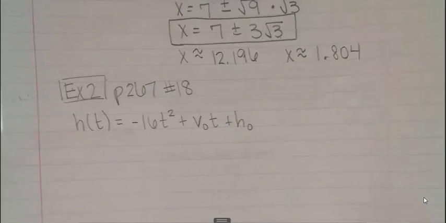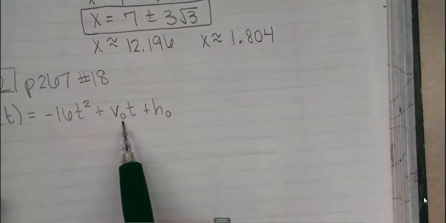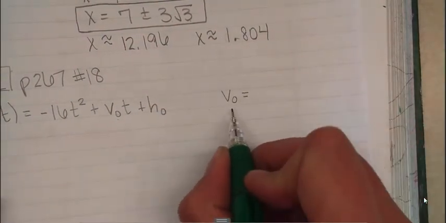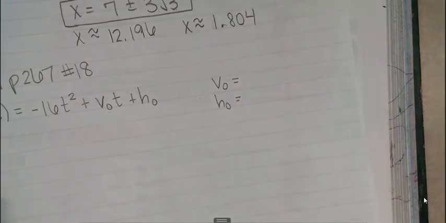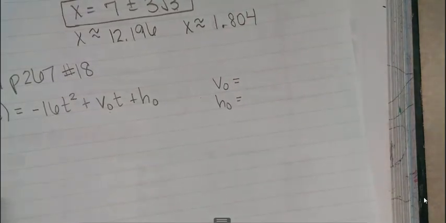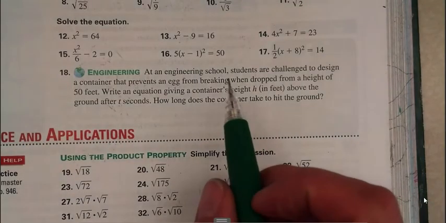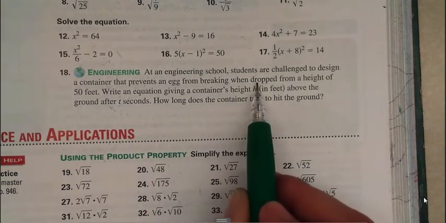So going back to this problem, the two things that we need to look at are what is our v naught, or our initial velocity, and what is our h naught, or our initial height. And then we can just plug those in and we can have our equation, and then we can either graph it or we can solve it to figure out the information being asked. So first of all, the egg is being dropped.